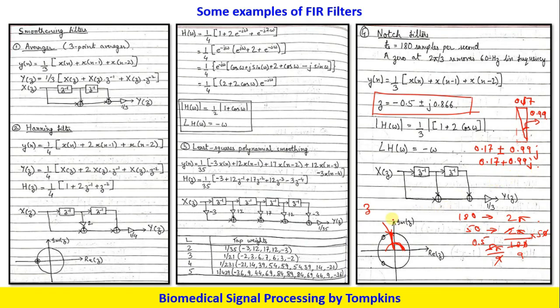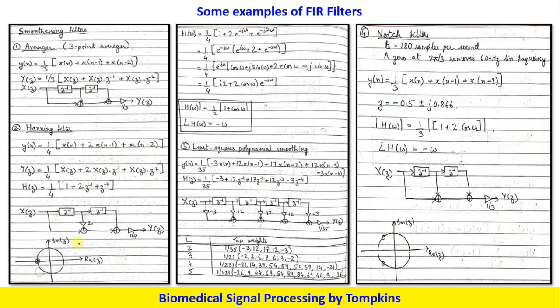So your transfer function would be, X(z) is equal to z minus the location of the zero, right?